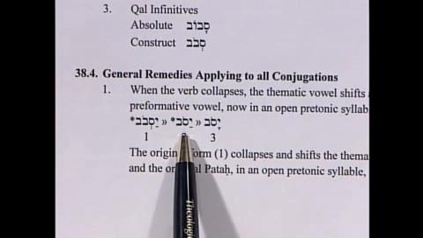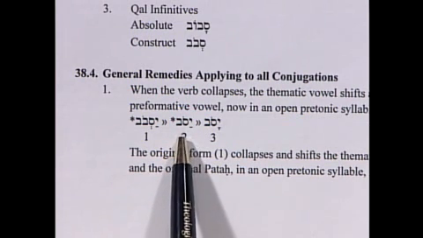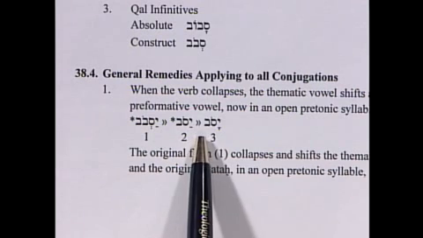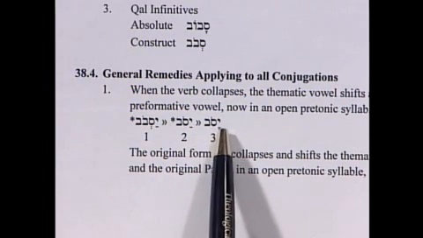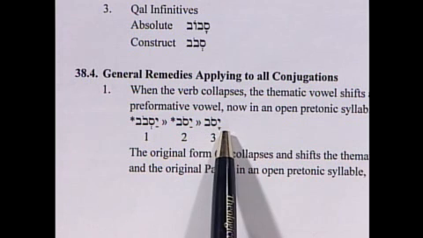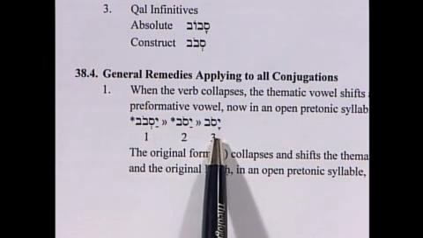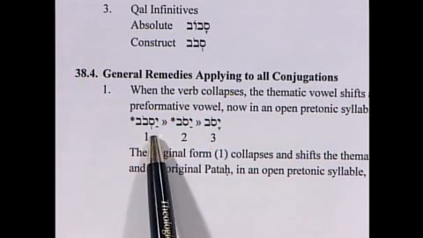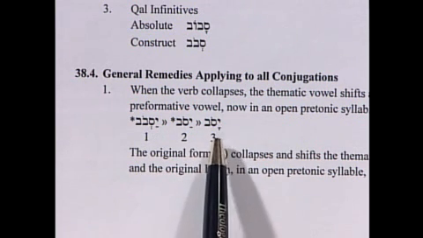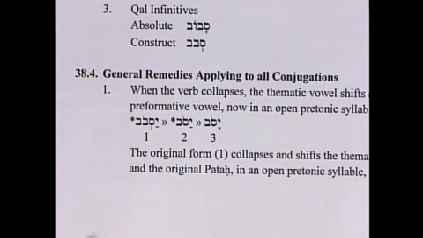When you collapse R2 and R3 together, the thematic vowel shifts to between R1 and R2. And now if you notice here, the preformative is now in the pretonic open position, and so the original patach lengthens to a kametz, as you see here, with the thematic vowel shifting. So when we do these forms, we're going to collapse them.